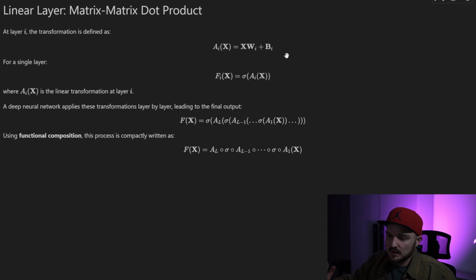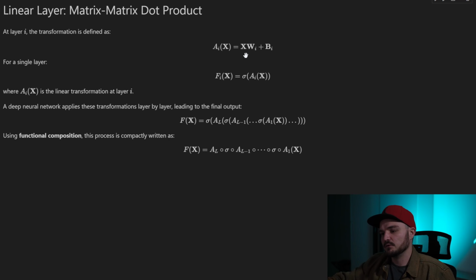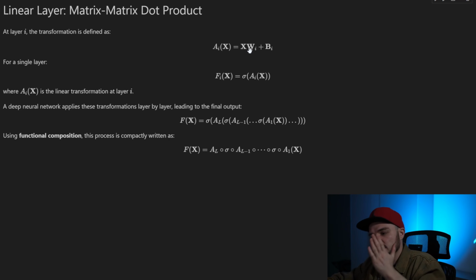We can make such a step for a single layer like this. We just need to apply the sigmoid function to the result of this computation, the dot product of matrix x with the weights W plus the bias b.